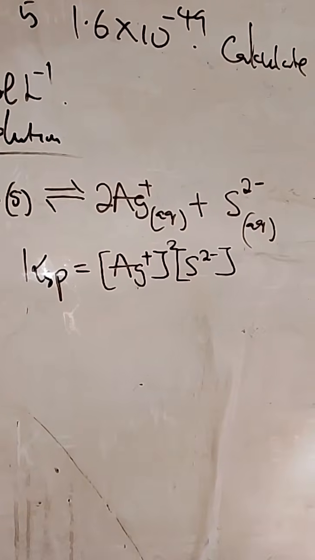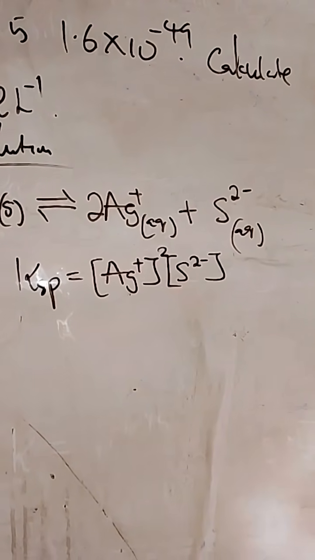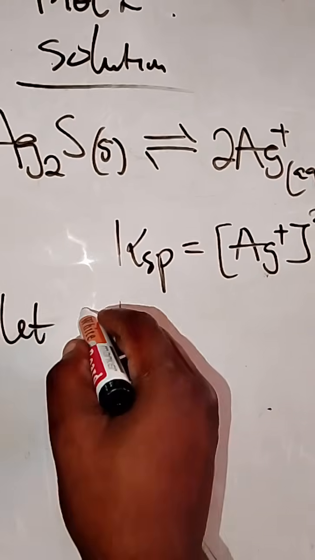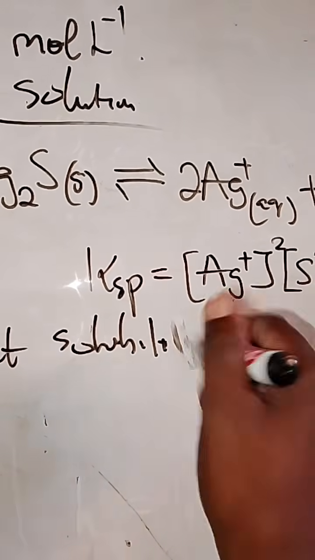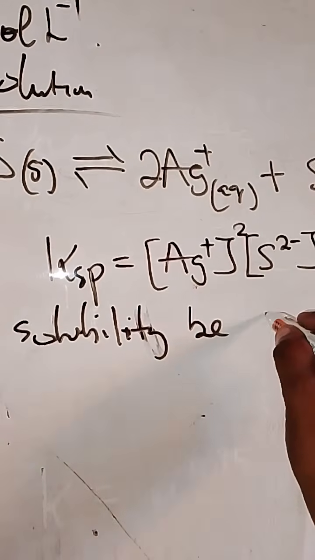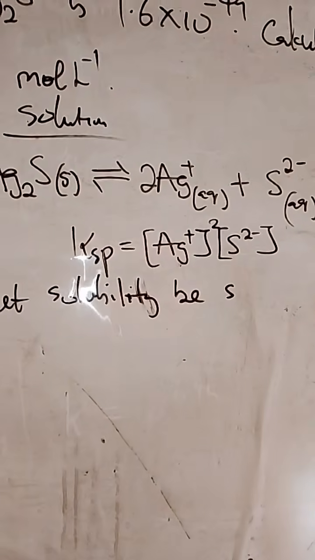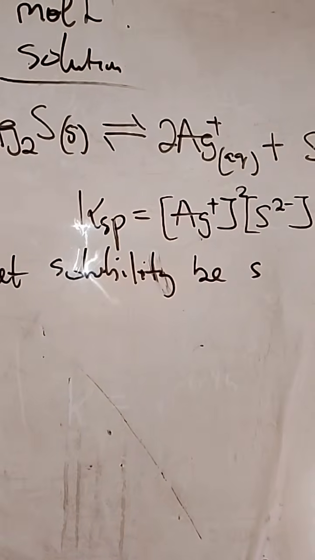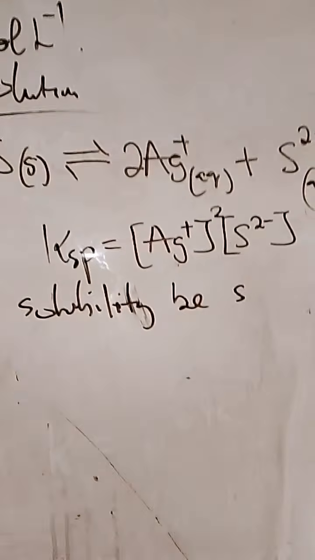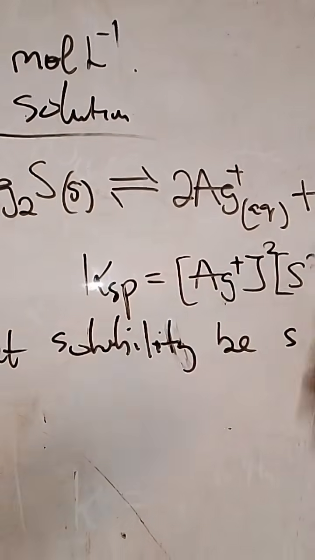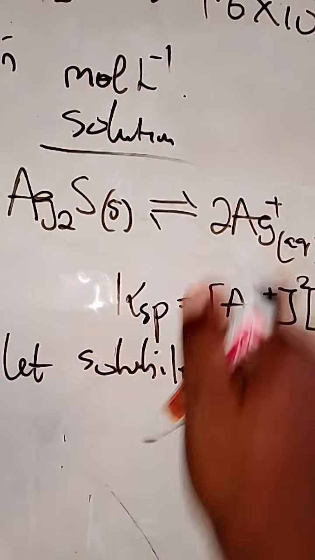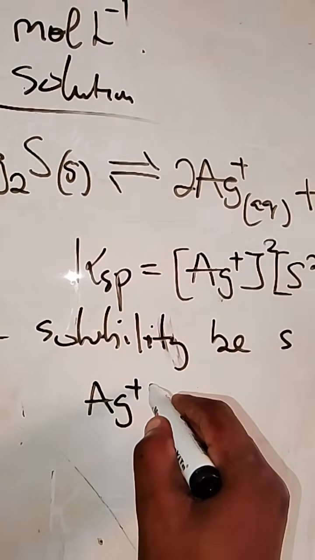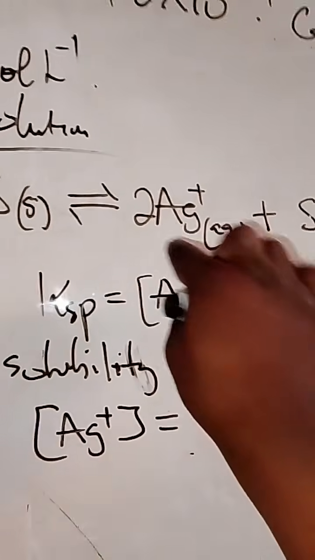Now Ksp is given. We need to calculate the solubility in mole per liter. So let the solubility be S. We are now going to use our equation since our solubility is S. From this equation, the concentration of silver is equal to 2S.